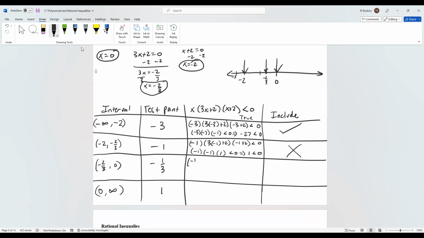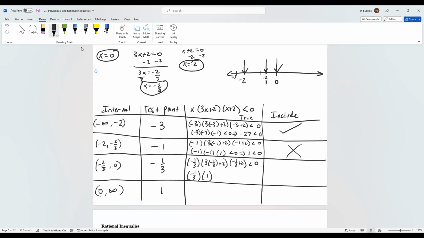All right, -1/3. 3 times -1/3, and -1/3 plus 2. So we end up with -1/3. 3 times -1/3 is just -1. Plus 2 is +1.